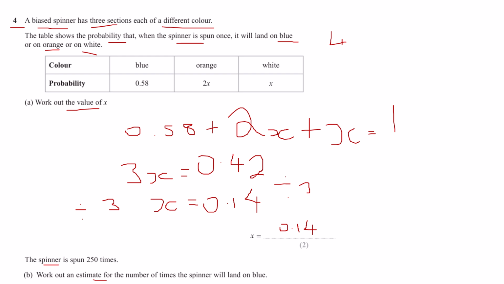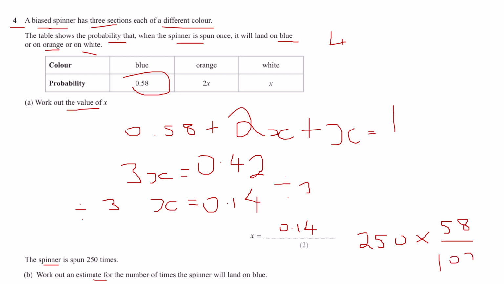Well, the probability that we get blue is 0.58. So the expected frequency is 250 multiplied by 0.58. Now I'm going to write it as a fraction to begin with, which is obviously a bit easier.